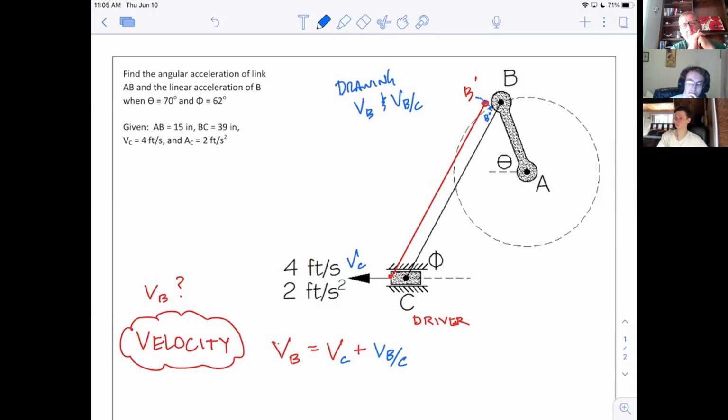Direction-wise, velocity B really only has one way it can possibly go. It has to be moving tangent to the circle. Correct. Does it make sense that it can only be either that direction or that direction? That's the only one.